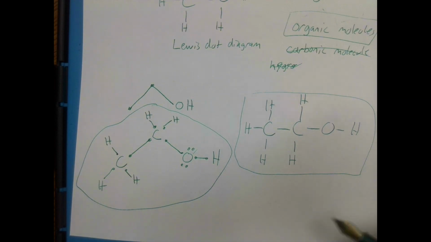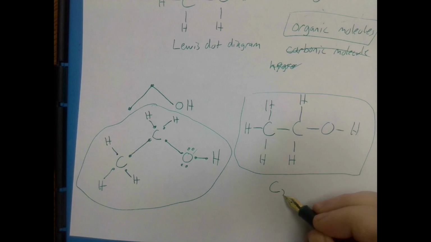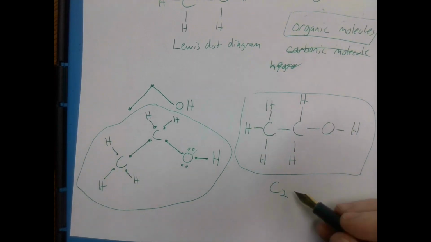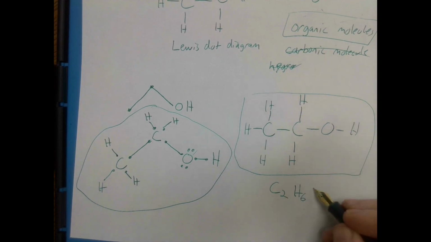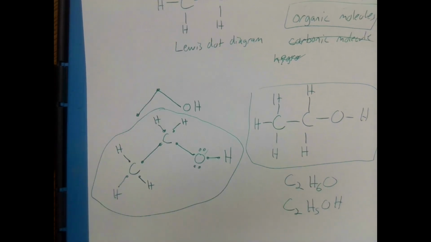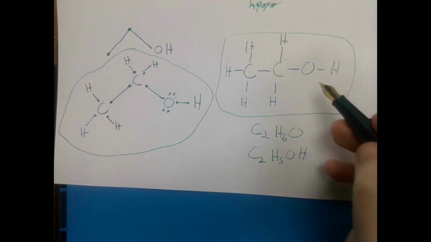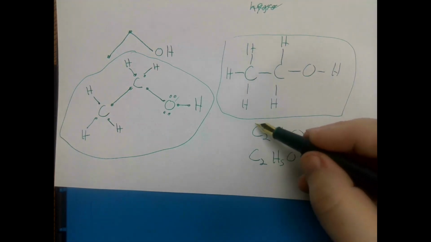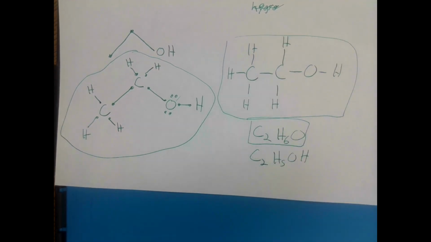So the formula is C2H6O: 2 carbons, 6 hydrogens, and 1 oxygen. Sometimes this is written as C2H5OH to illustrate that we have an OH attached to the C2H5. But you can put the molecular formula as that, just count how many atoms it is.